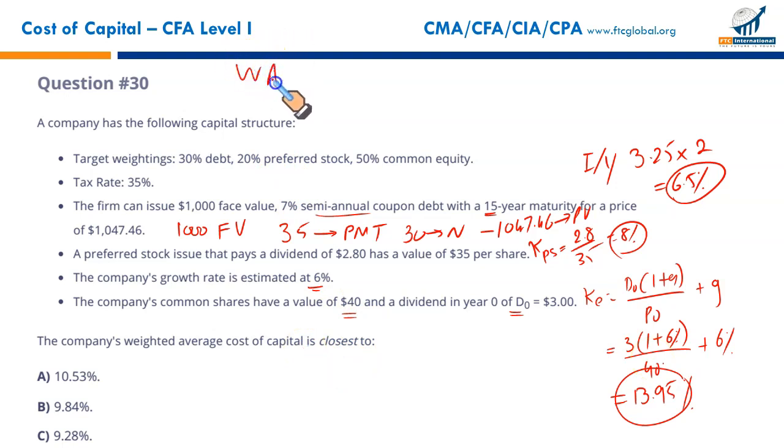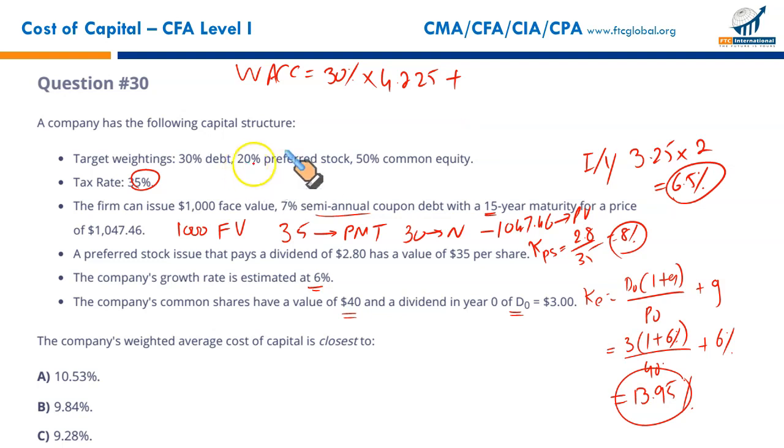Weighted average cost of capital is equal to debt is 30%. Tax rate has been given as, we always make mistakes in tax rates, 35%. So it's going to be 6.5 times (1 minus 35%), that's 4.225.